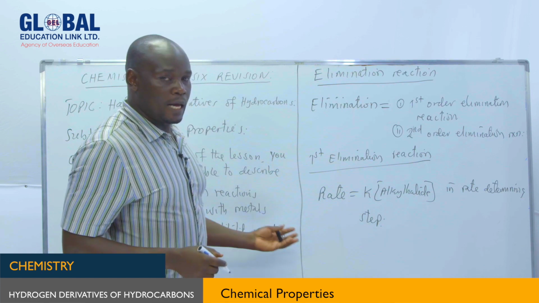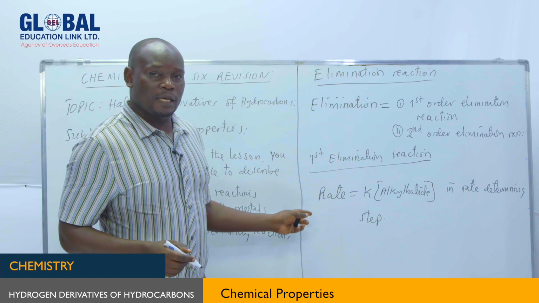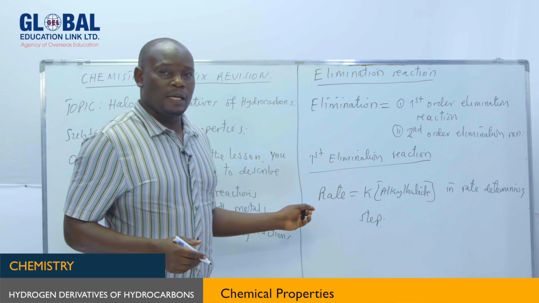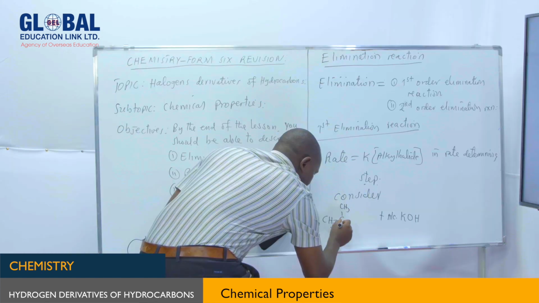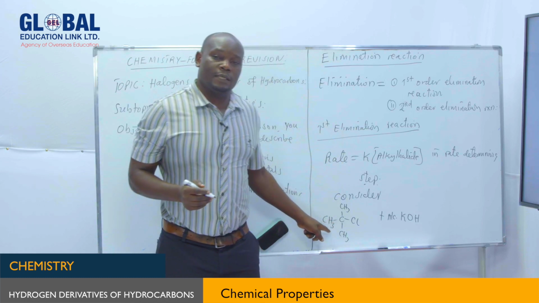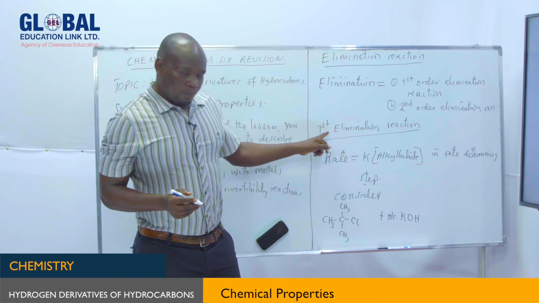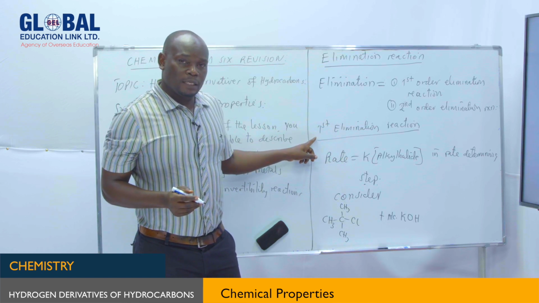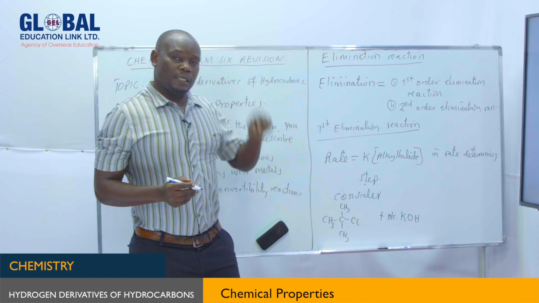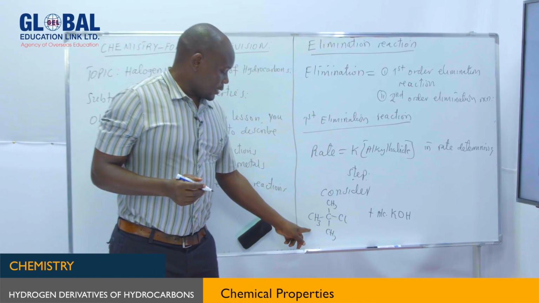So let us consider the mechanism of this first order elimination reaction. Now we have a tertiary alkyl halide, and normally the first order elimination reaction takes place in tertiary halogen derivatives of hydrocarbons, the alkyl halides.